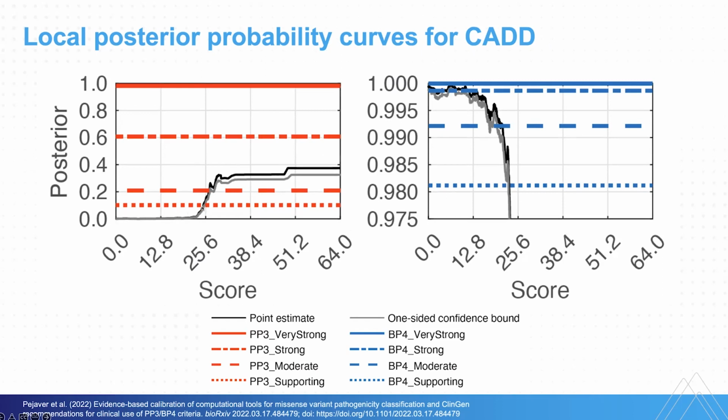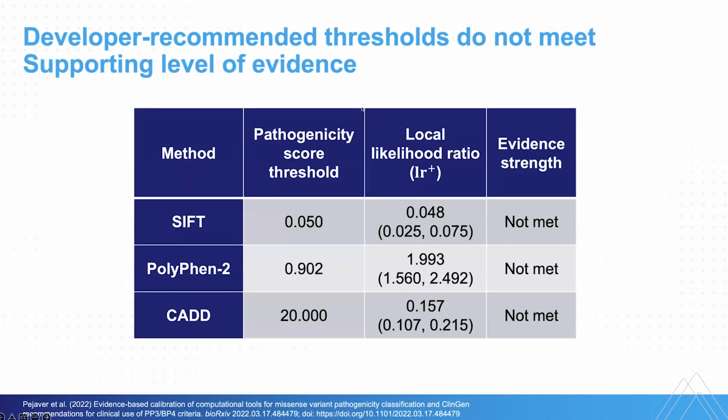The curve passes the supporting and moderate lines, but then flattens out after that. So you could at most get moderate evidence for CADD if you applied a threshold of 25.6, 26. But on the benign side, CADD easily reaches strong levels of evidence as well for benignity. So we did this for 13 tools, and I'll show you the results in a bit.